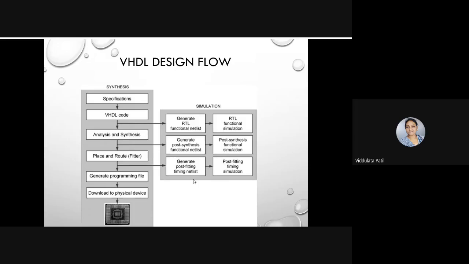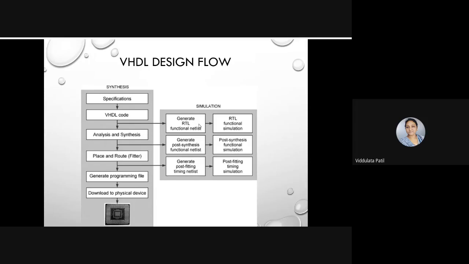Then after that, you need to write a VHDL code using that specification. Okay, and after that, you need to simulate that VHDL code. So for that, first of all, we are generating an RTL functional netlist.